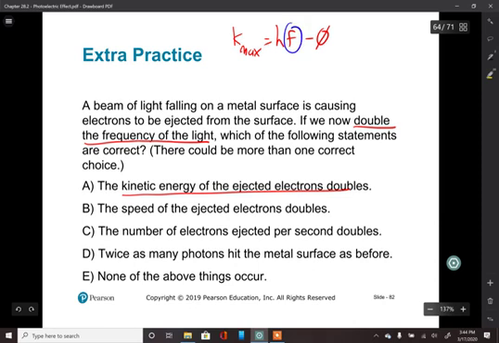We take this and we double that, and this is the same. Hopefully you can see without any more math. If you're not convinced, pick some numbers and test it. It will increase the kinetic energy, but it won't double, because the work function doesn't change. The speed, therefore, is going to follow the same rule. It will increase, but it will not double.